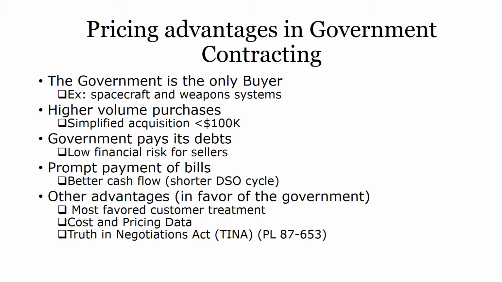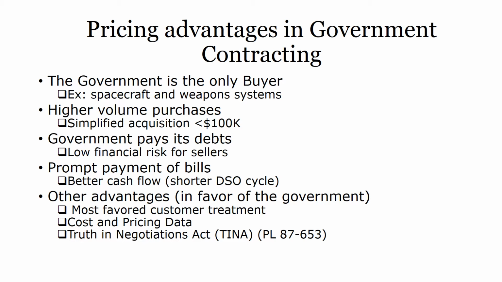So why would anyone be interested in selling to the government when it seems you need to compete with practically any responsible source? Here are a few reasons why. In certain commodities such as spacecraft and weapon systems, the government is the only buyer.